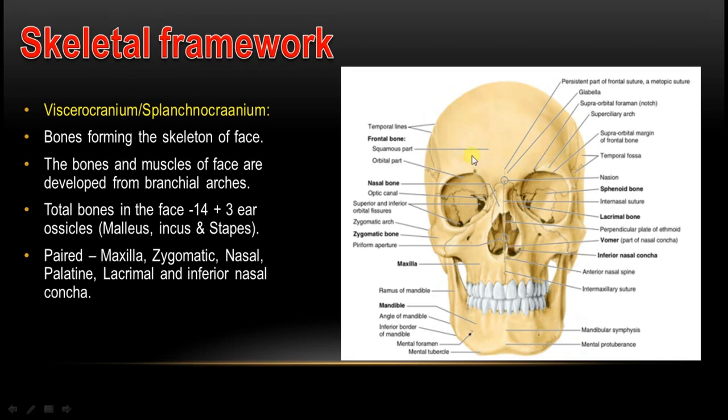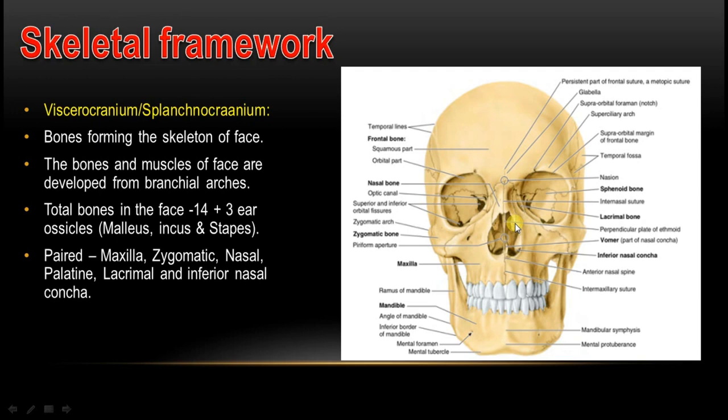Mainly what you see is the pair of maxilla, pair of zygomatic bones, pair of nasal bones, pair of lacrimal bones, and the inferior nasal concha. Actually, there are 3 conchae projecting from the lateral wall of the nasal cavity: superior, middle and inferior concha.